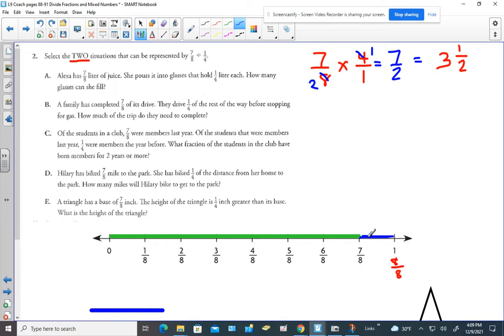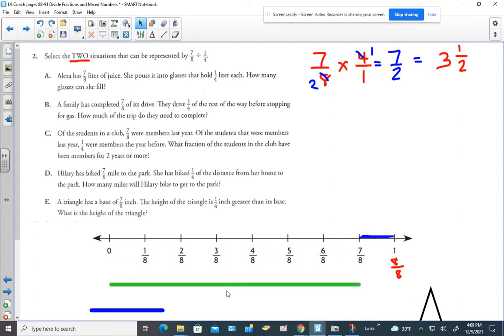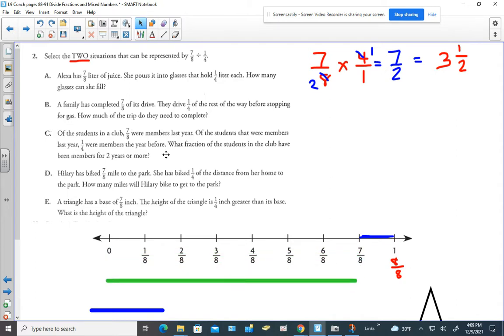Let's look at choice C. Of the students in a club, 7/8 were members last year. All right, so this green line could represent that. Of the students that were members last year, 1/4 were members the year before. So if we take this green line, let's just pretend it's not even broken up into 8s, that means we would be taking 1/4 of this or breaking it up.